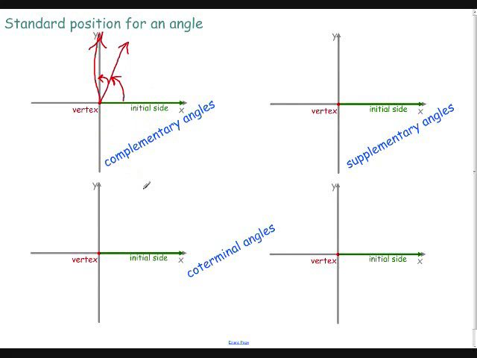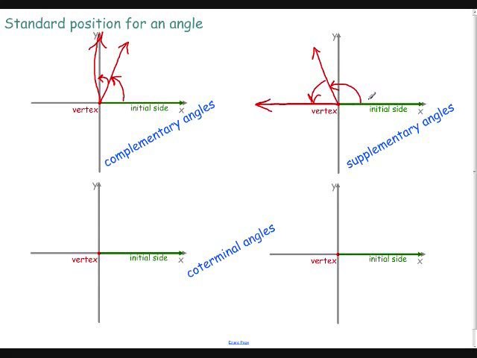Since they add up to 90 degrees, they're considered complementary. For supplementary, they add up to 180. So if I had this angle here and this angle, I would have supplementary angles.